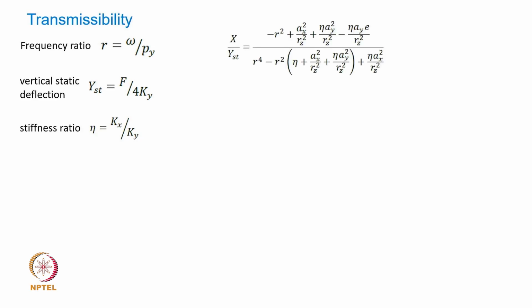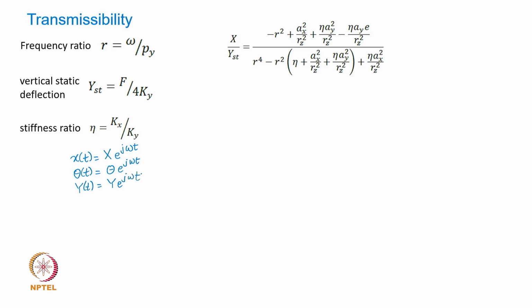With this, if you substitute the assumed solution, again I would emphasize that we assume a harmonic solution, harmonic with respect to the excitation frequency. So x equal to capital X e power j omega t, damping is not there, and theta can also be capital Theta e power j omega t, and y can also be appropriately chosen.